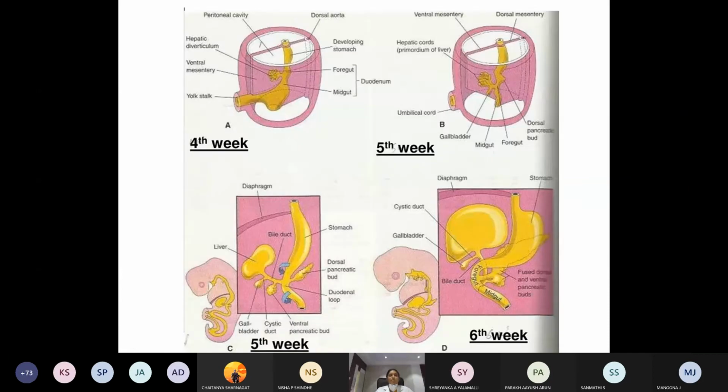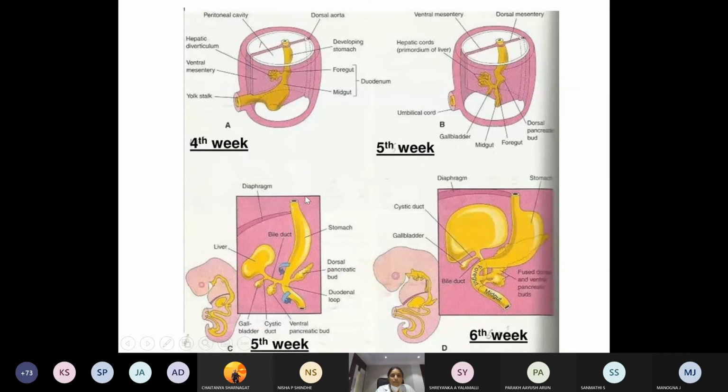Let me explain this. See here, this is the stomach, and here you have the duodenum. Here you have the hepatic bud developing. Initially there will be anterior and posterior borders for the duodenum.